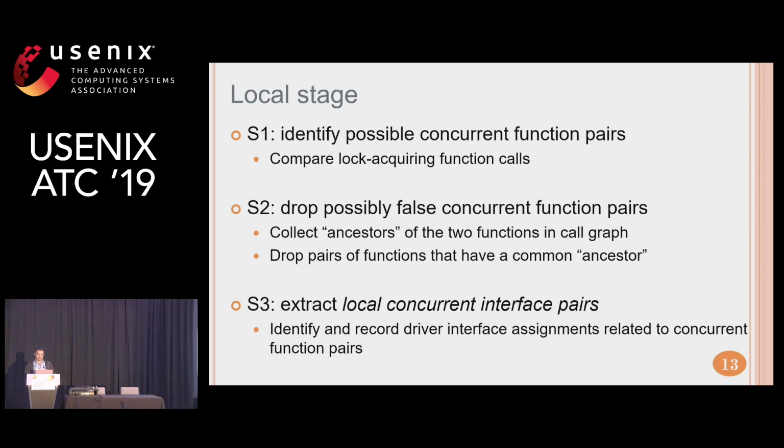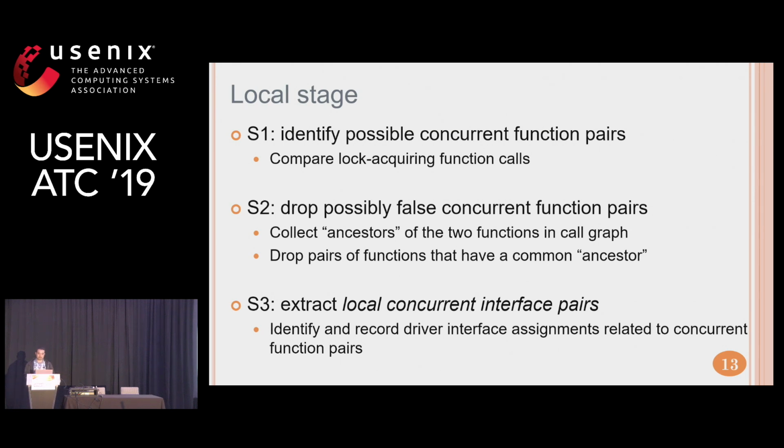In the local stage, there are three steps. Firstly, we identify possible concurrent function pairs in each driver. We do it by checking whether the two functions acquire the same lock. If so, we select the pair of them. Secondly, we drop possibly false pairs.